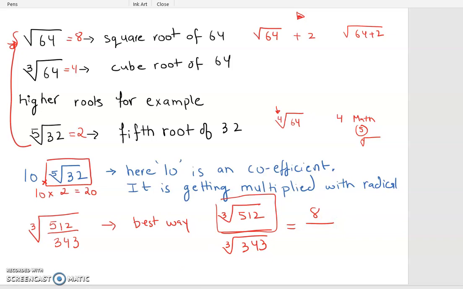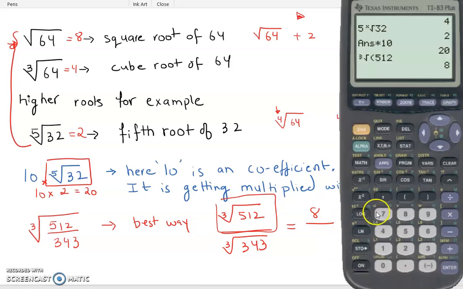And then I will do the same thing for the denominator. So again, since this is a cube root, and I put in the other radicand, you can see I didn't close my brackets, and it still gives me the same answer. And here is my fraction, it gives me 7.